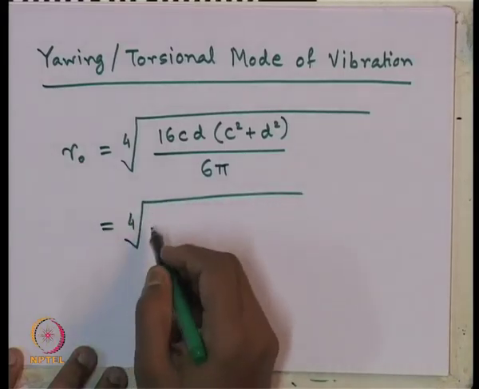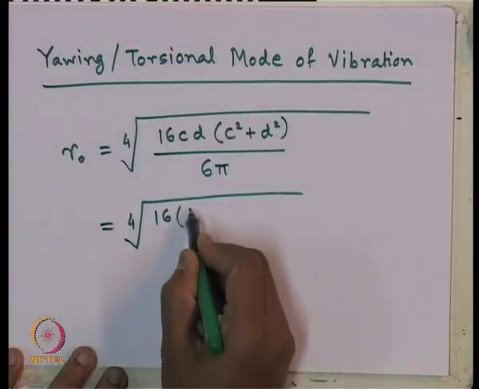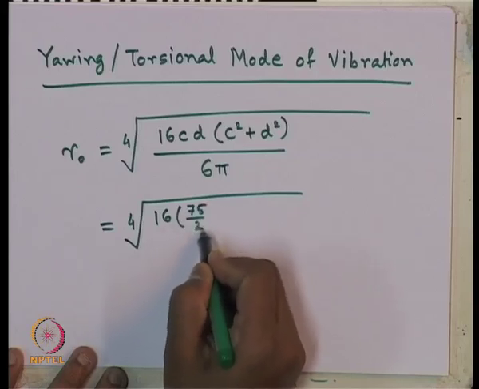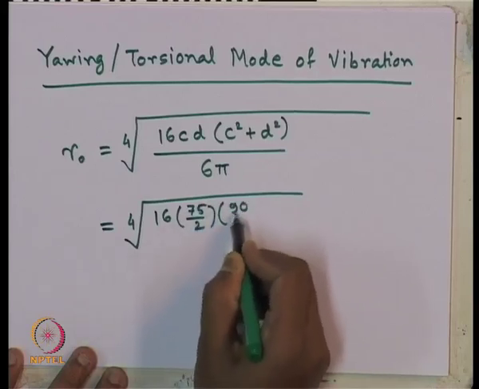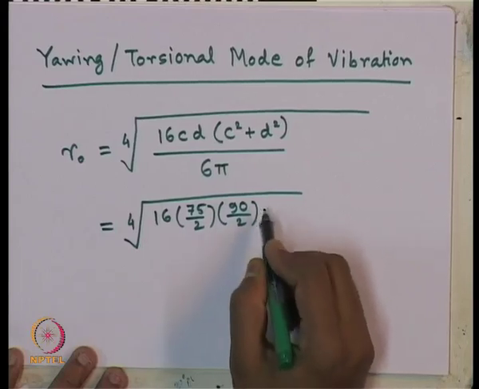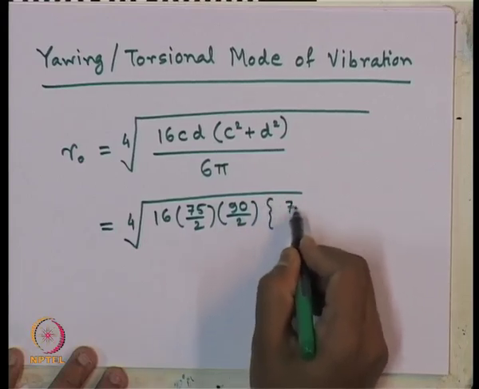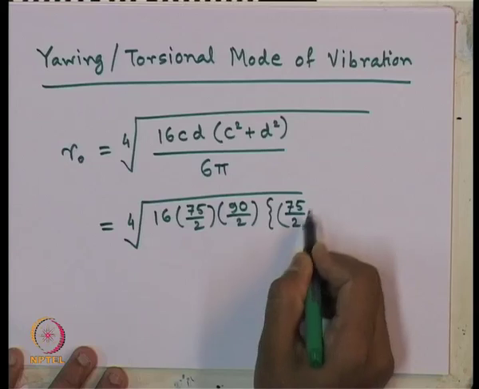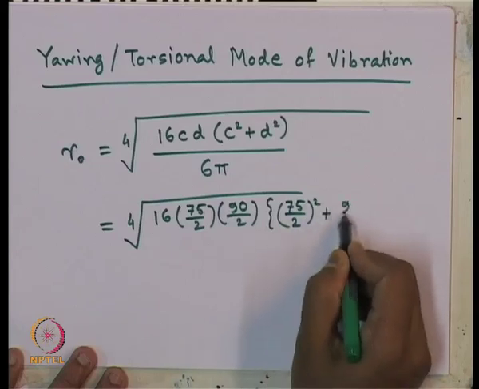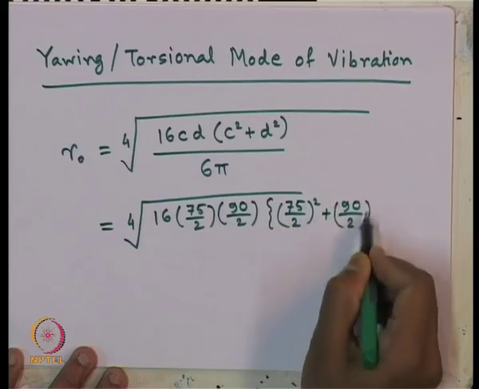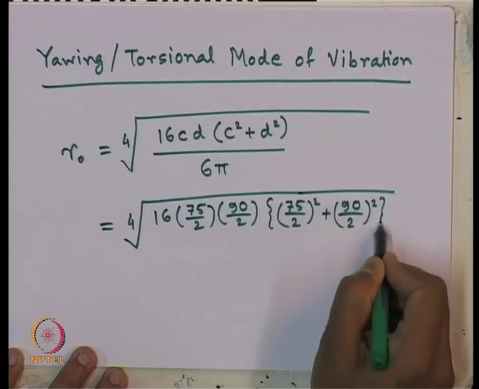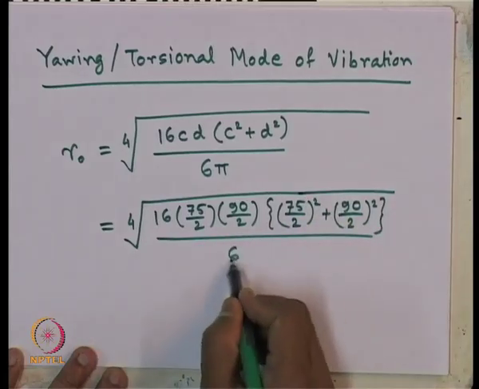So, 4th root of 16 into 75 by 2 times 90 by 2, into 75 by 2 whole square plus 90 by 2 whole square, by 6 pi.